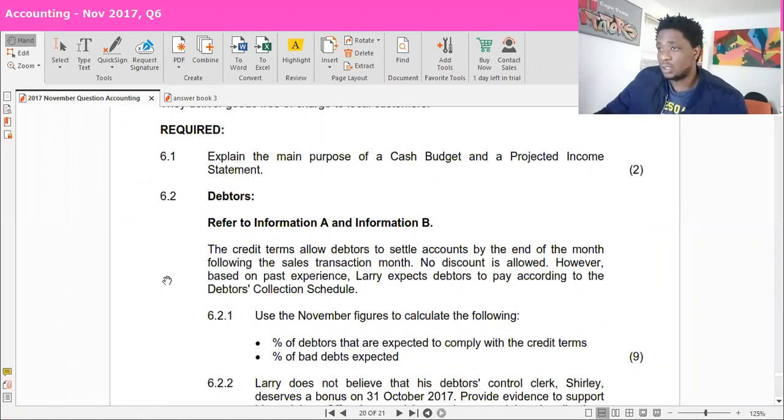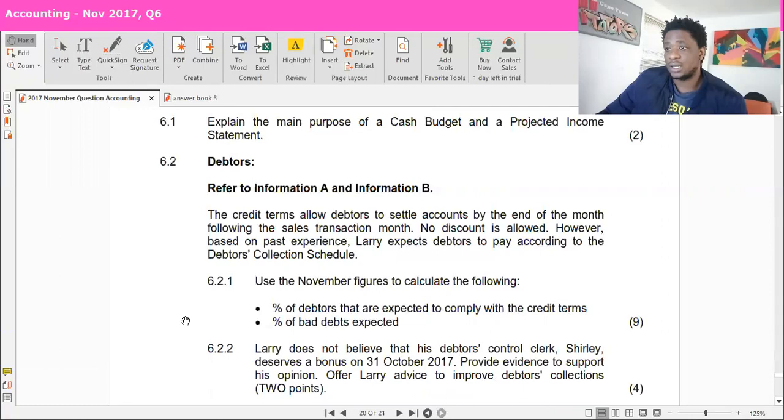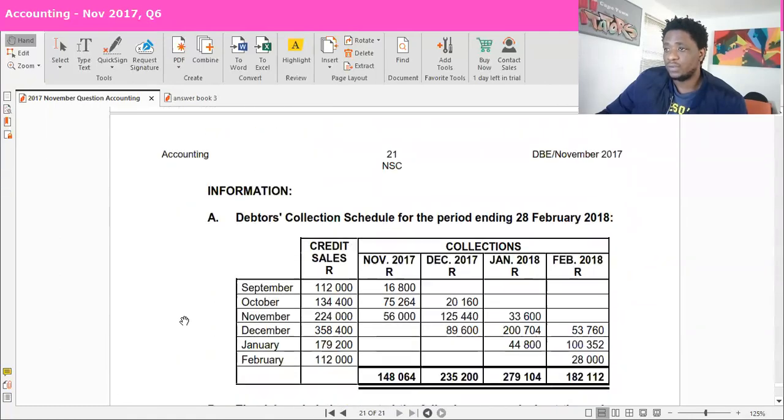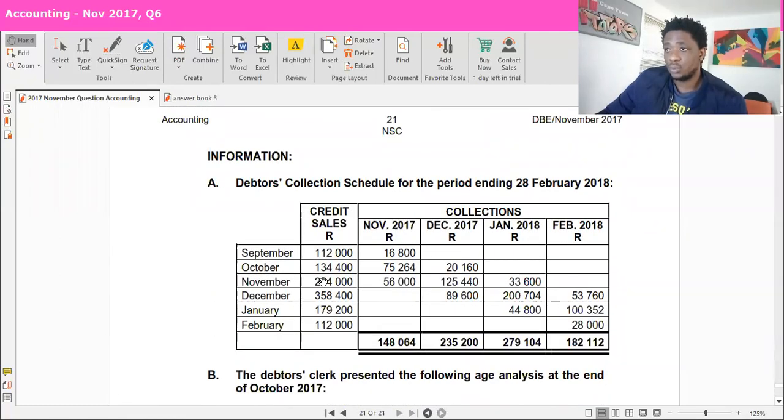So let us see what the question says. Use the November figures to calculate the following: the percentage of debtors that are expected to comply with the credit terms, and secondly, the percentage of bad debts. So let us see the schedule for November. In November, we have credit sales of 224,000, and we want to see the debtors that we expect to comply with the credit terms.